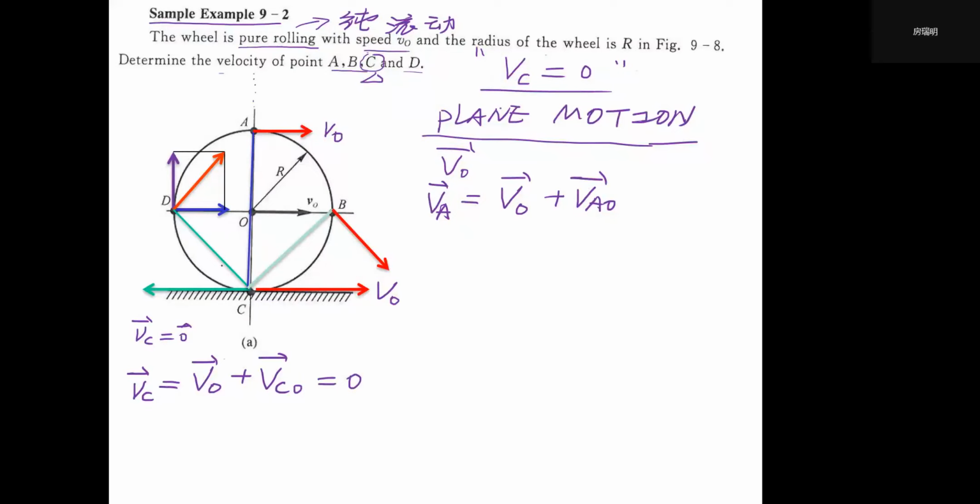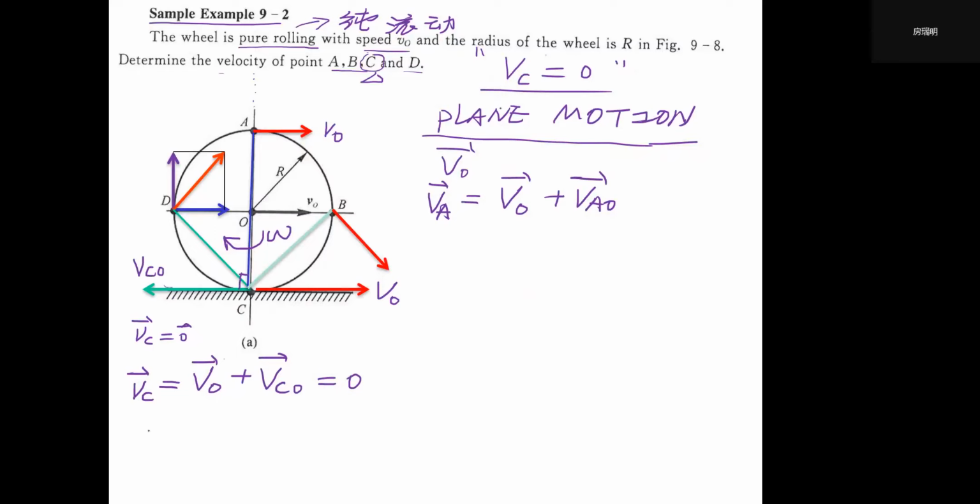If that's the case, when we sit on the point O, we find C has a rotation velocity along this direction, right? So that means omega will be this. So the angular velocity of this wheel will be in the CW direction, because of the direction of VCO.